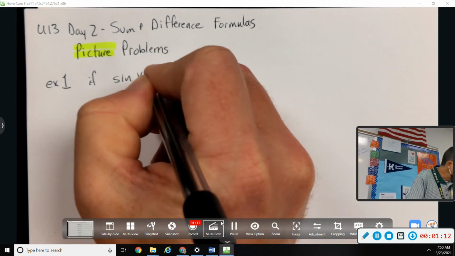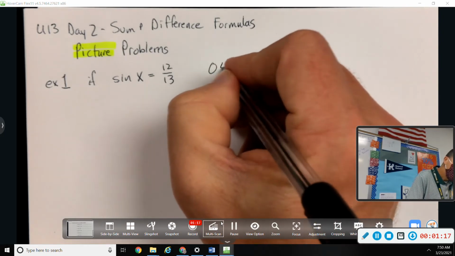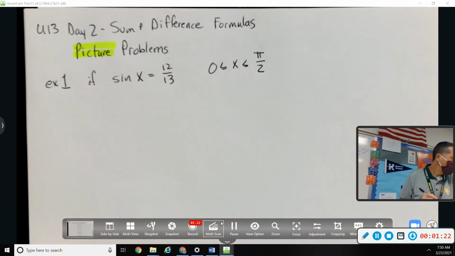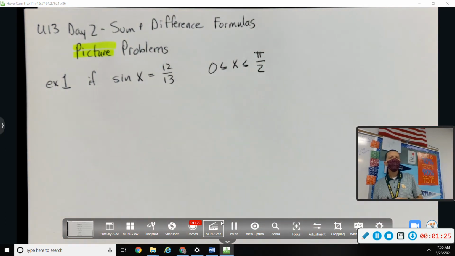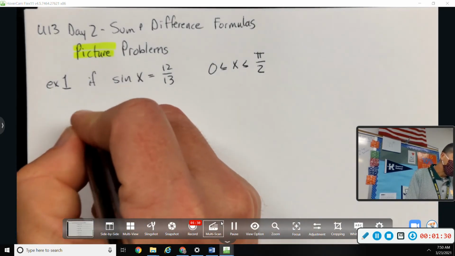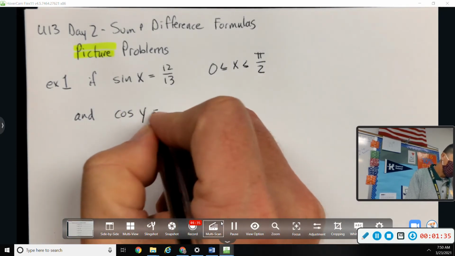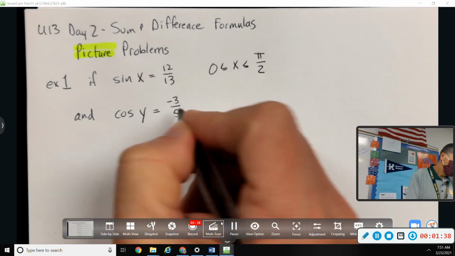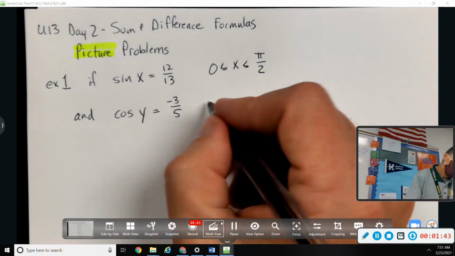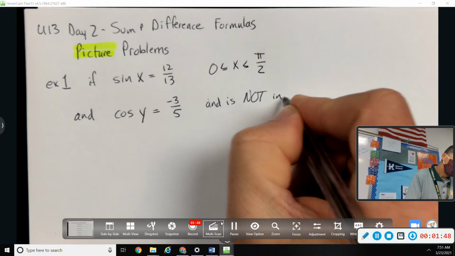All right, if sine of x equals 12/13 and x is between 0 and pi over 2, we'll use that in a minute. We need another angle here. And cosine of y equals -3/5 and y is not in quadrant 2.